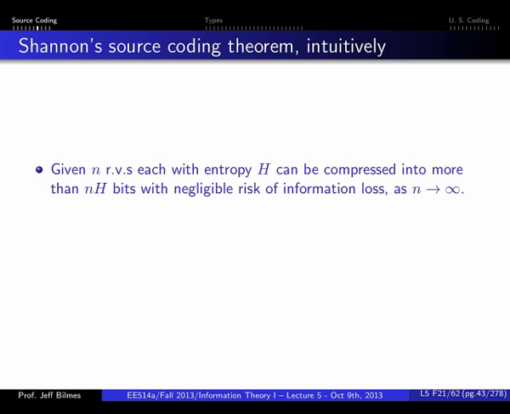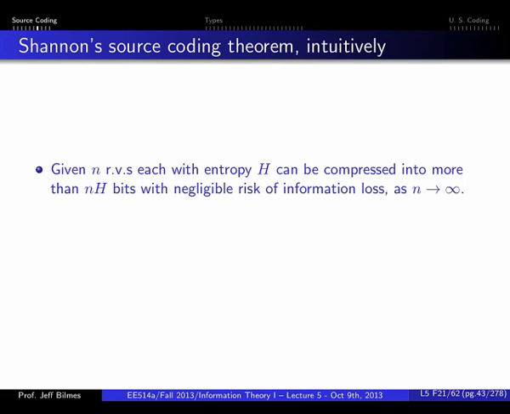Since the entropy is equal to 1. It's uniformly at random, a fair coin, 0.5, 0.5, so the entropy is equal to 1. We're not going to be able to compress it at all.